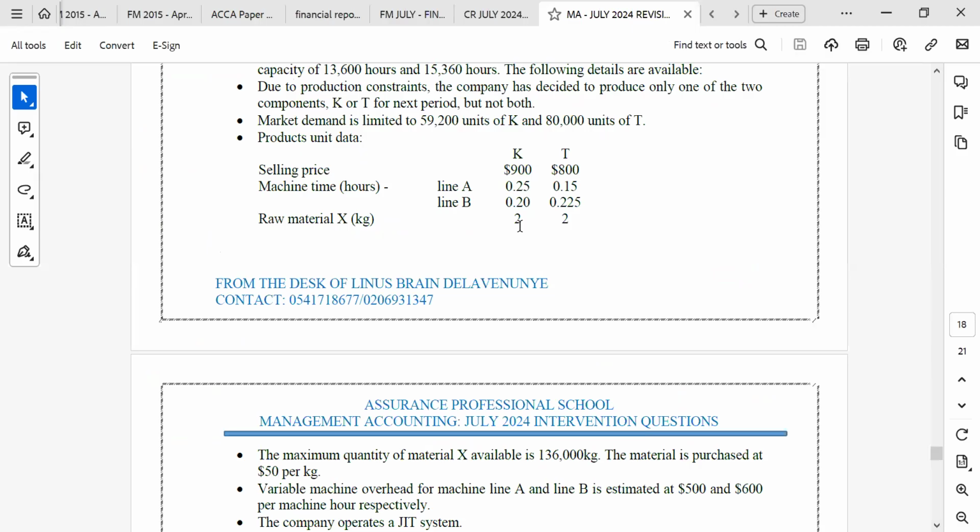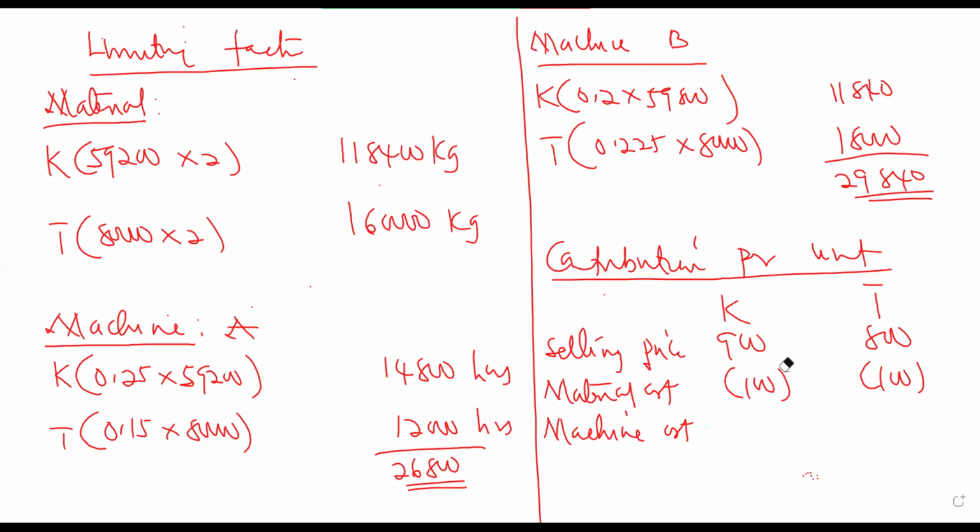So we multiply by the variable machine overhead for machine line A. We have to do it for all of them one by one, so let's do machine line A and B differently. For line A, what will be the cost?